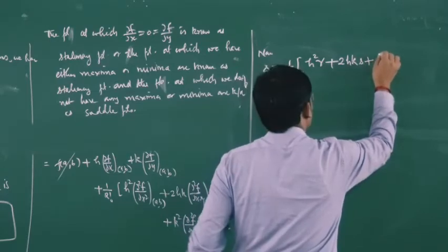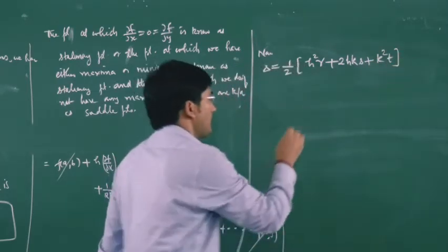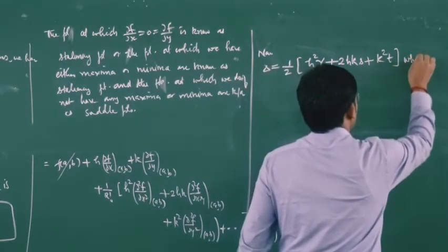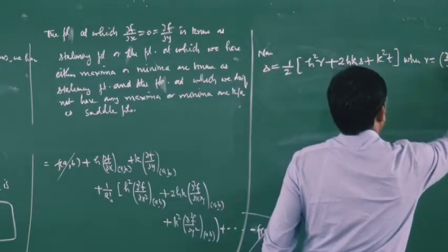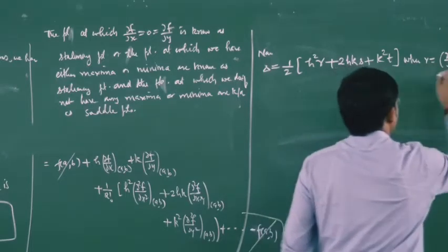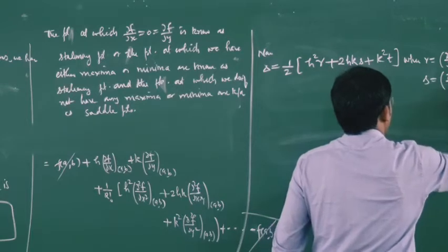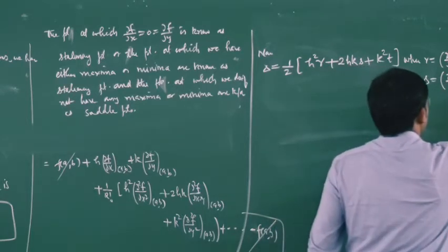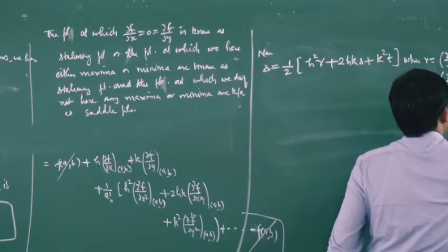Then the third notation is t, where our r is del 2 f upon del x2 at a comma b, our s is del 2 f upon del x del y at a comma b, and t is del 2 f upon del y2 at a comma b.